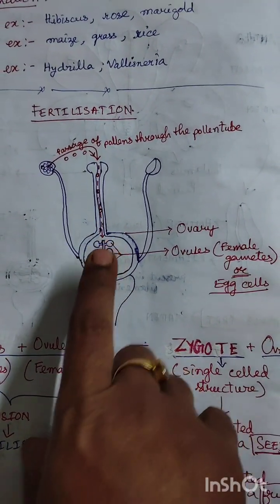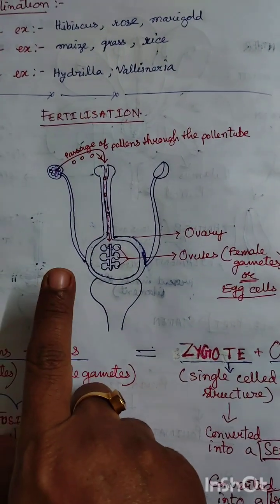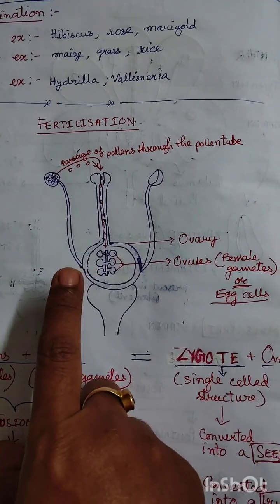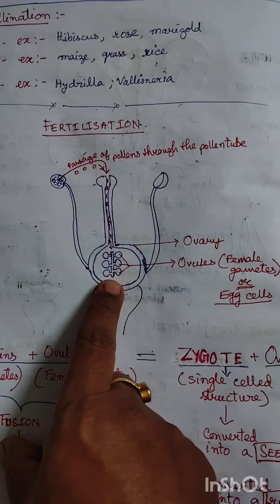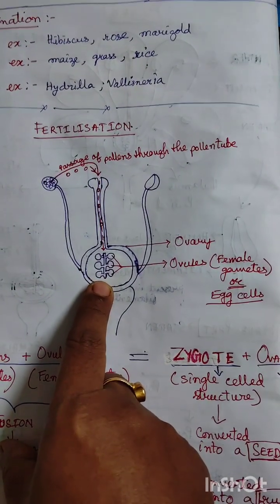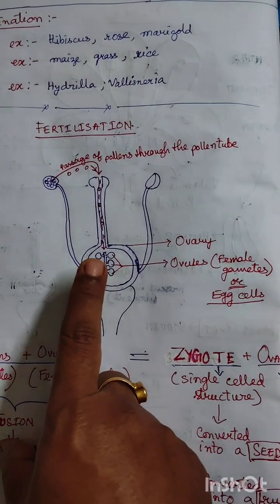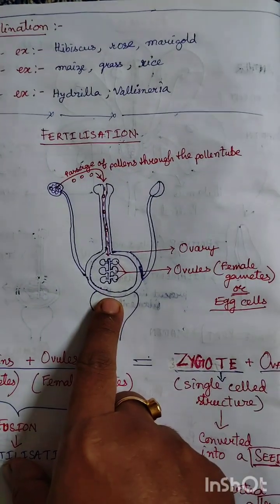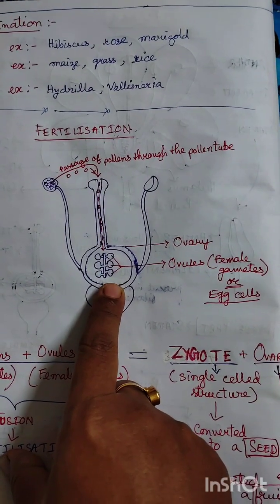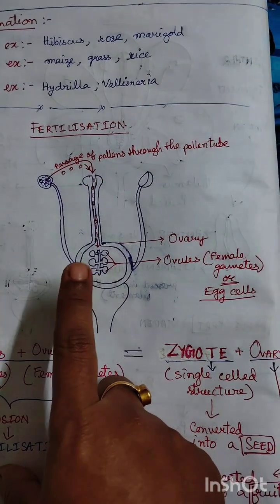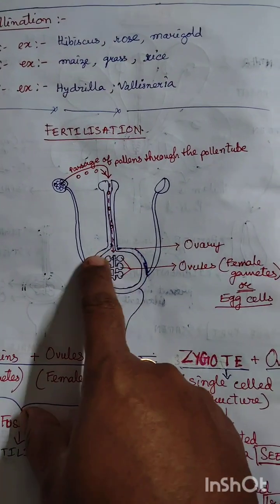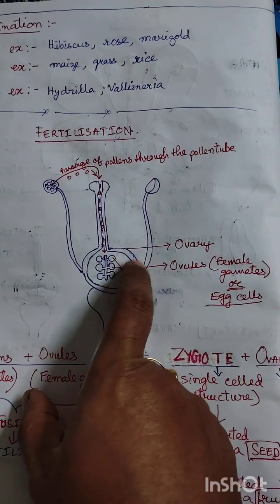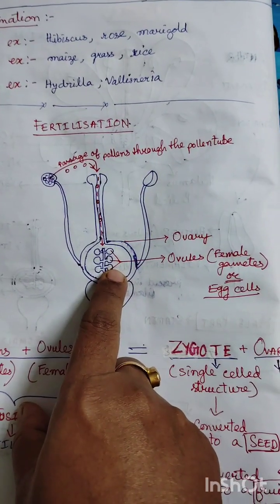And after fusion, only one single cell product is produced, that is the zygote. Zygote is the single cell formed after fertilization. Now, after the zygote formation, the zygote forms the seed and the ovary enlarges and forms the fruit.